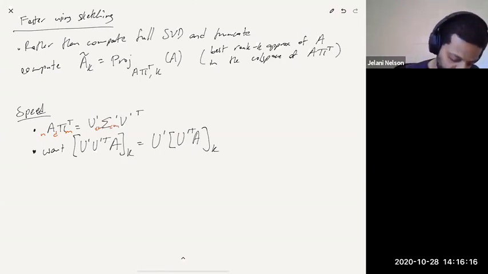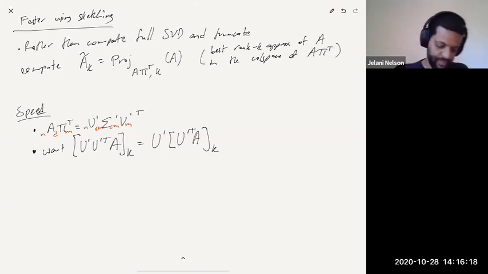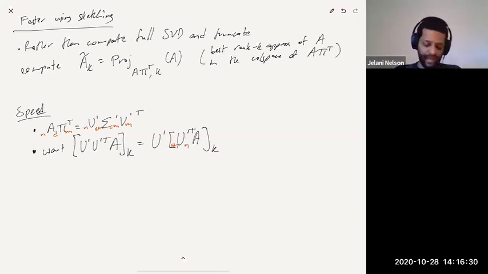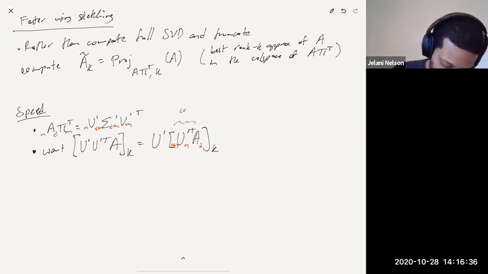And then this is m, and this is m. Okay, which means that this U prime transpose now, the dimension here is at most m, and then this is n. Okay, and then this is d here. So I can compute in time O of m and d.